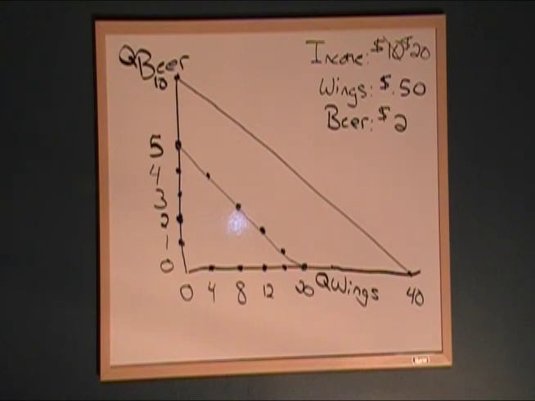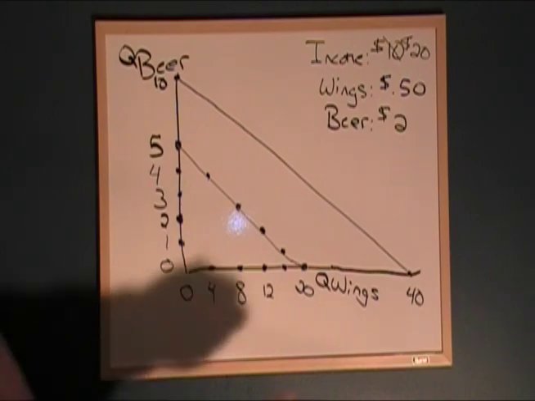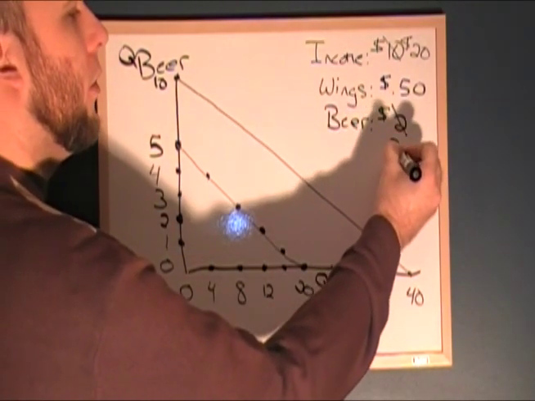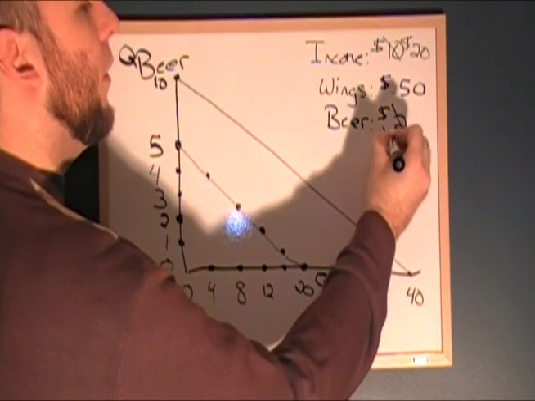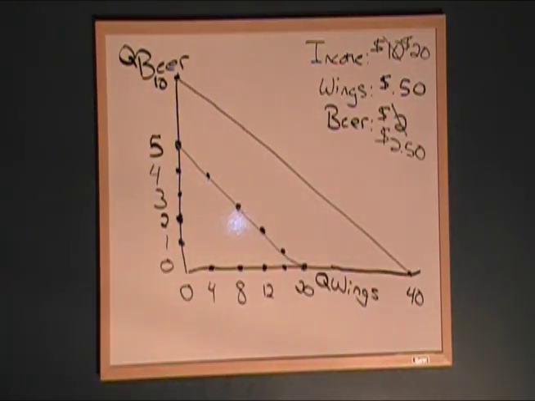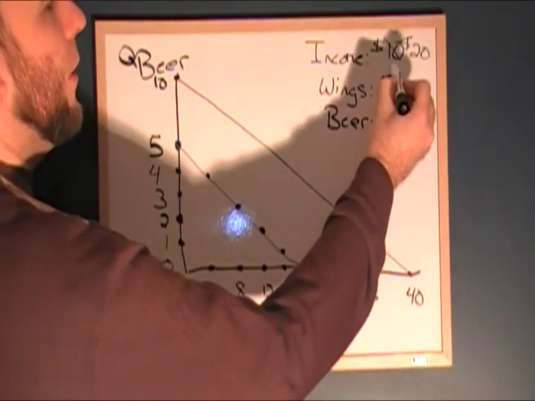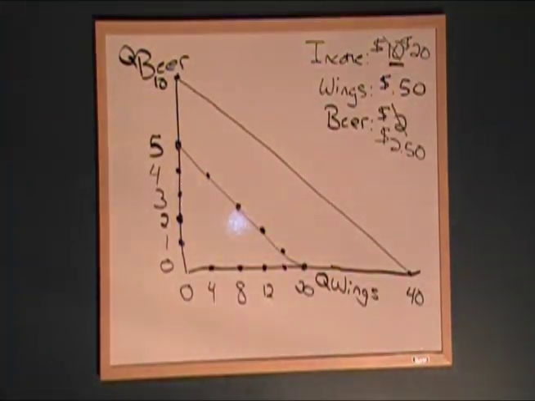Let's say, for example, that the price of beer increases from $2 to $2.50. And we're going to go back to our original income of 10 to make life a little bit easier. If beer increases from $2 to $2.50, if we spend all of our income on beer, how many beers can we have?